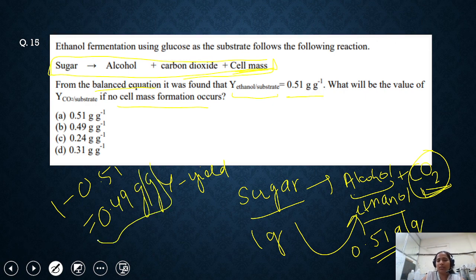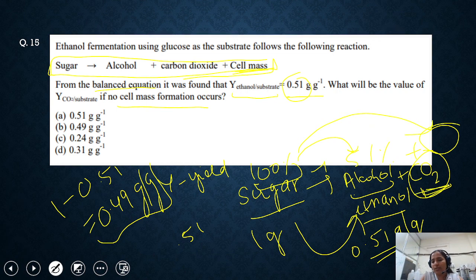This is a very simple question. Suppose 100 parts, or 100% sugar, is there. Then how much alcohol is forming? 51%, because they have given yield 0.51. So how much CO2 will form? If 51 is used for the formation of alcohol, the remaining part will be used for the formation of CO2 because there is no other product.